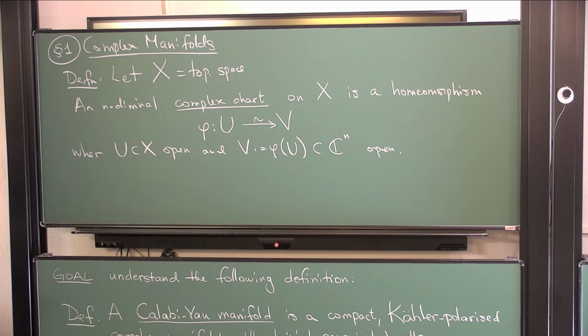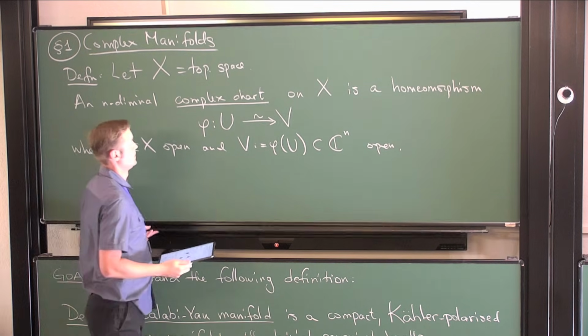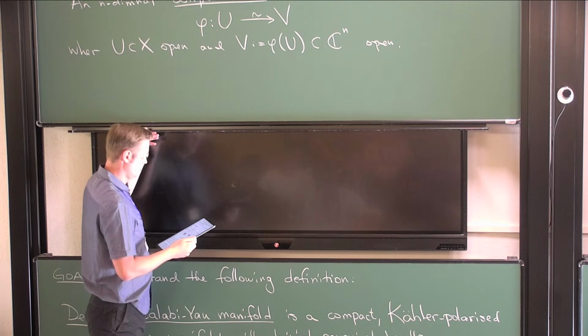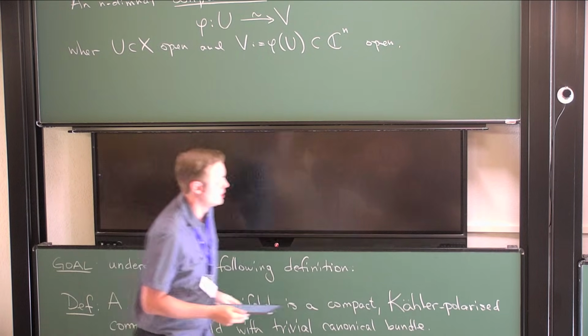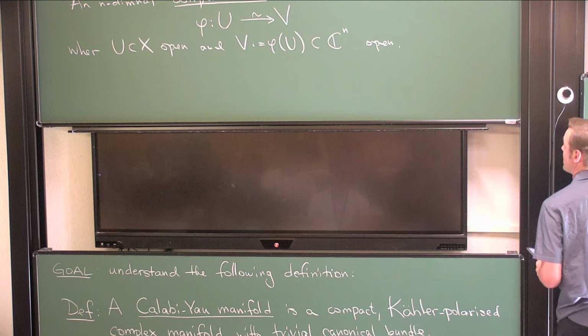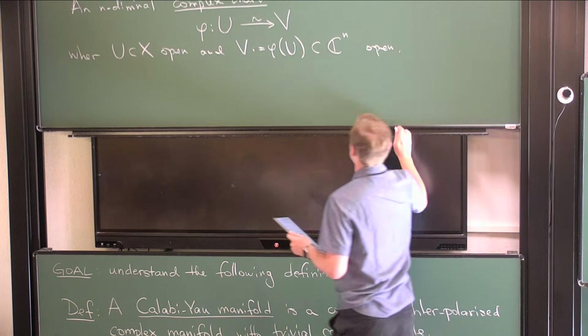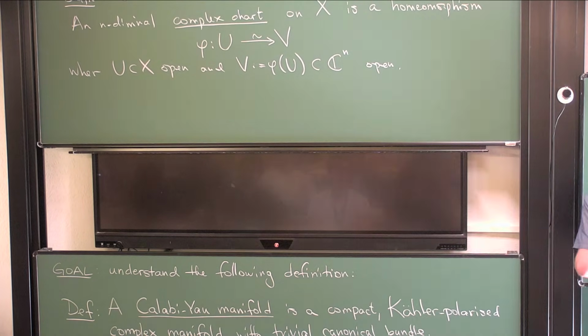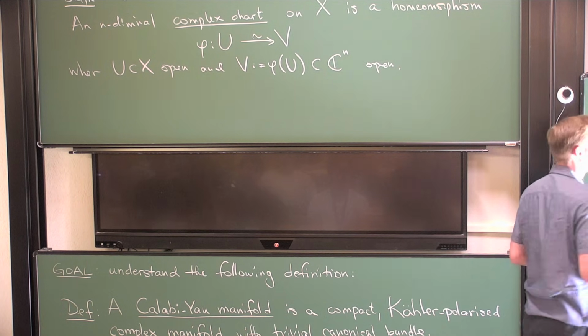That's it. It's just a homeomorphism to C to the n. So, maybe an image, a picture. Let me draw it here. So here's my nice looking topological space.